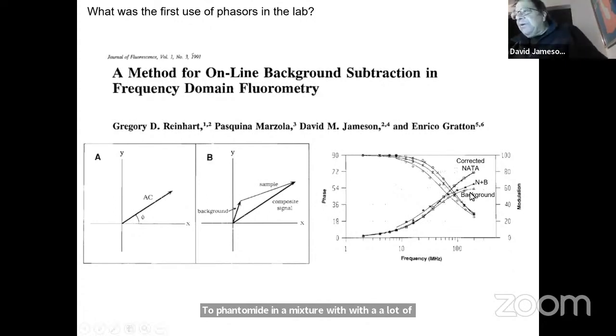And this is the background frequency domain data. And here you can correct it to get the correct lifetime for any compound in the presence of the background. So that was the first use of that, actually, which then was one less argument against frequency domain.